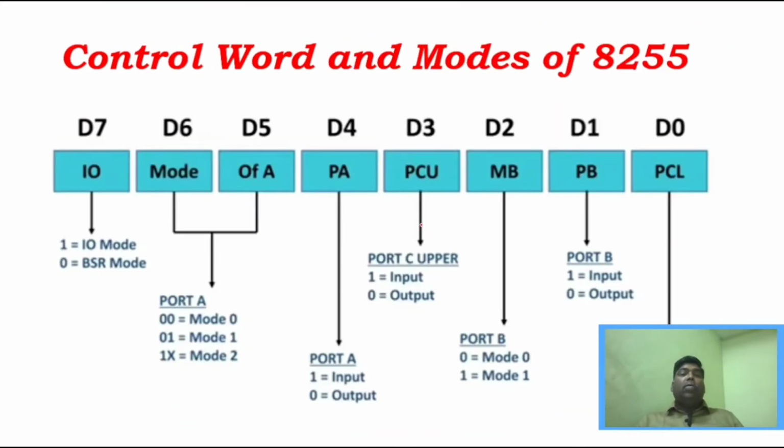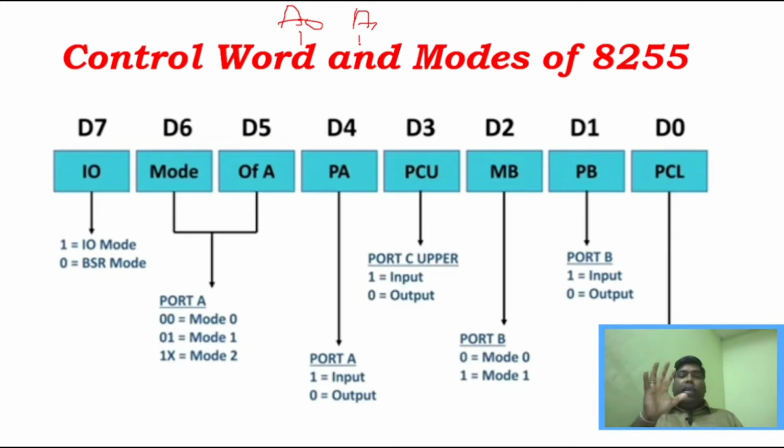Now we will see how these modes can be configured, right? I have already said A0 and A1 select the different ports, and if it is 1-1, it selects the control word, right? What is the control word? The control word is the one which tells you how to configure the different modes, which port works in which mode.